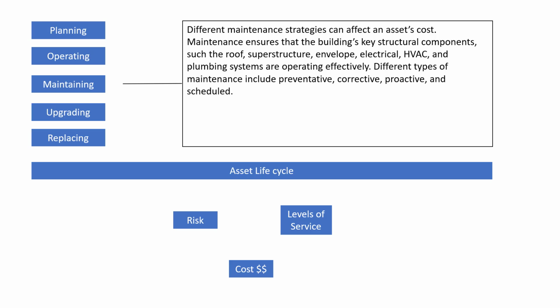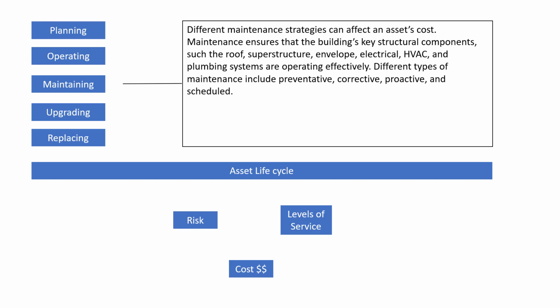While operating can include some daily maintenance, maintaining a building is its own separate category because this truly focuses on the maintenance strategies that you have for the asset's key structural systems. So if one of these things breaks, then your entire asset is at risk. So these are your maintenance plans for your electricity, your roof, your HVAC, and your plumbing. And there are different types of strategies that you can employ.